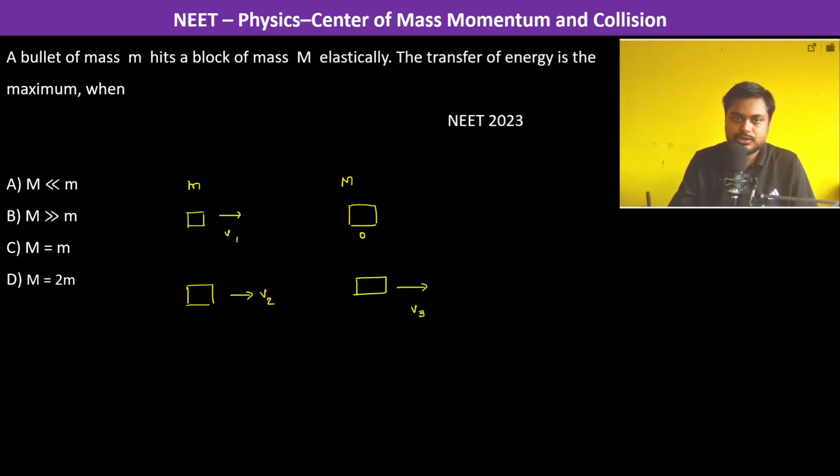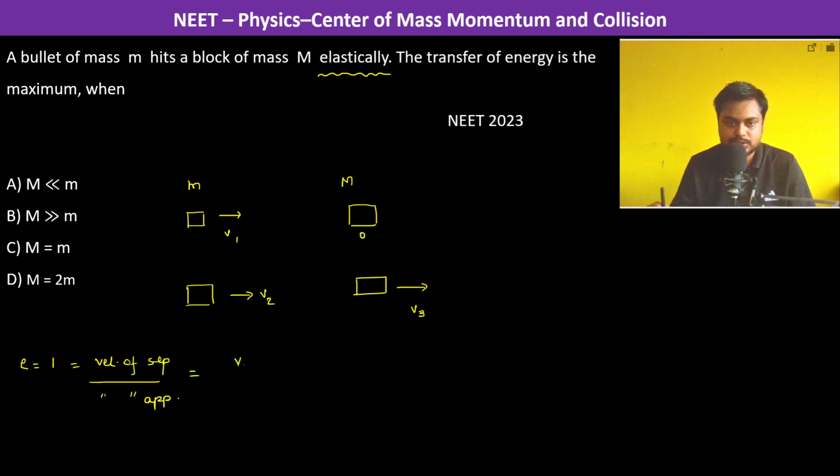The collision is elastic, so therefore e is equal to 1, which is equal to velocity of separation divided by velocity of approach. So velocity of separation is v3 minus v2 divided by velocity of approach, which is v1 minus 0. So therefore v3 minus v2 is equal to v1.